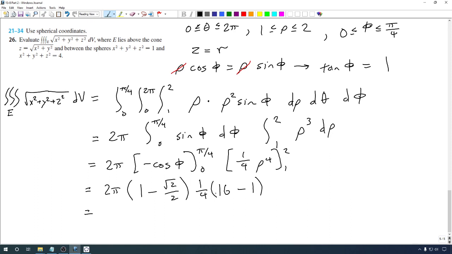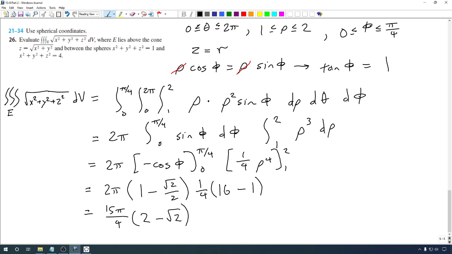But I'm still going to have the 15 over 4, so we're going to have 15 pi over 4 times the quantity 2 minus square root of 2. I think that's the best way of writing that. And there's not really any other simplification we can do. That's going to be our answer here.